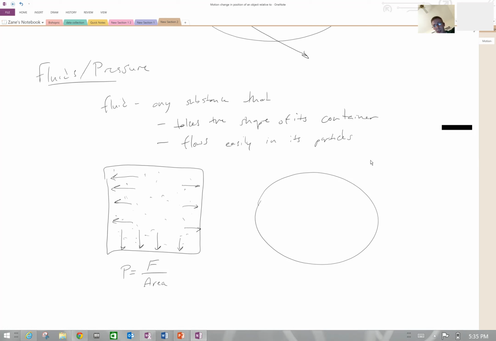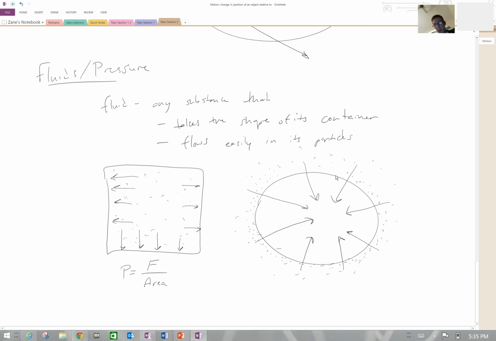Now, on the Earth, because we classified gas as fluids, you see particles of gas around the Earth. Okay. Now, gravity is pulling these particles towards the center of the Earth. Okay. So, because of this pull, we start to see more dense particles towards the Earth's surface, and more spread apart particles farther away from the Earth.